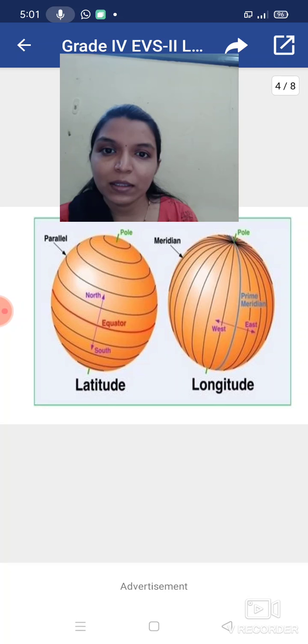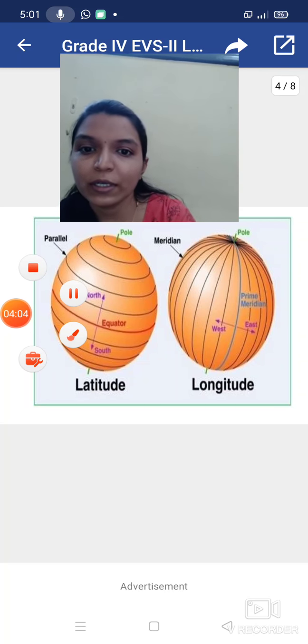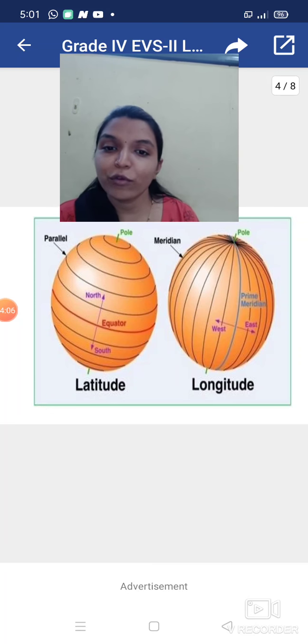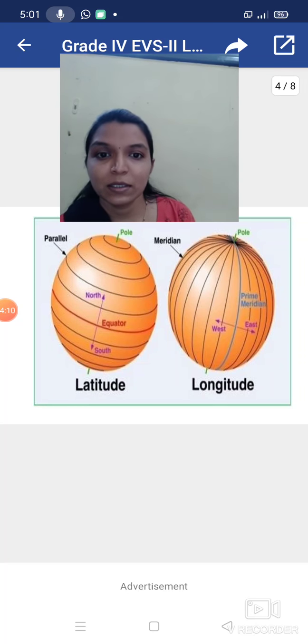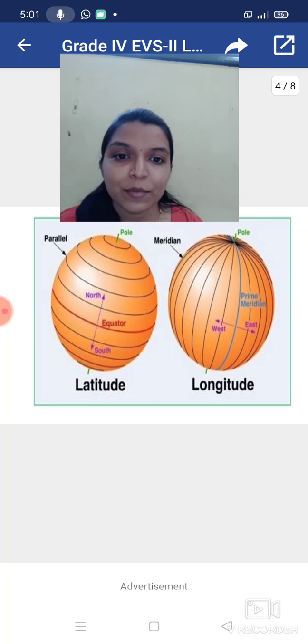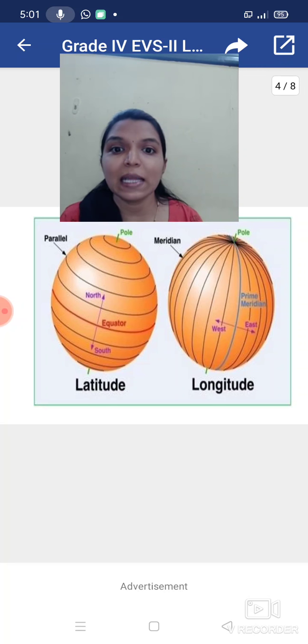Tell me. In the first diagram there are horizontal lines, and in the second diagram you can see vertical lines, but they are only imaginary lines. From that we can study about the earth.